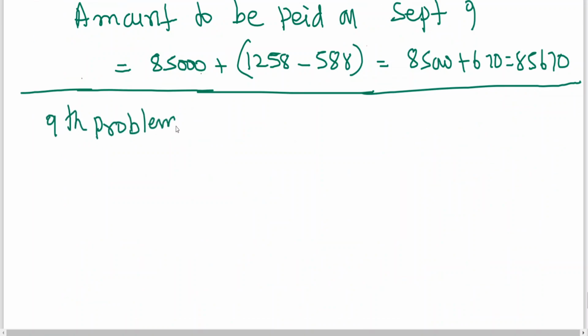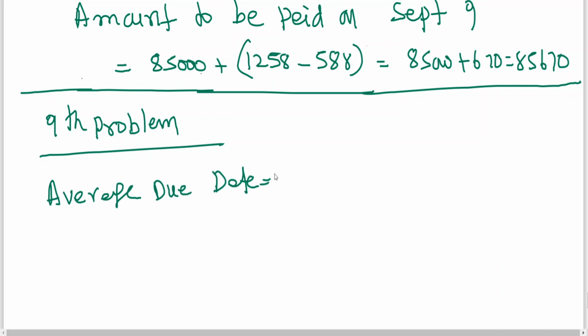Ninth problem. I have worked out average due date, but that I am not going to do because you have been doing so many problems about average due date. Average due date for this problem will be 3rd August 2010.